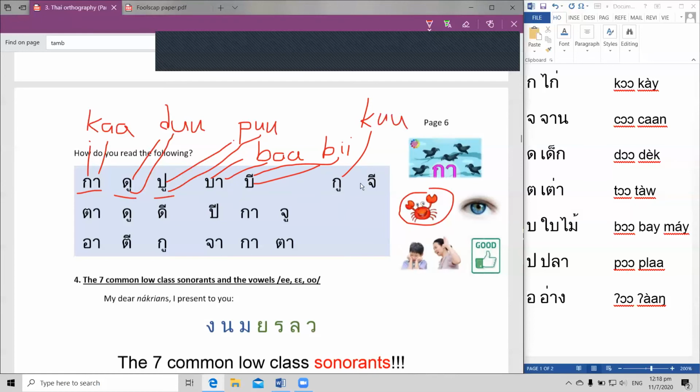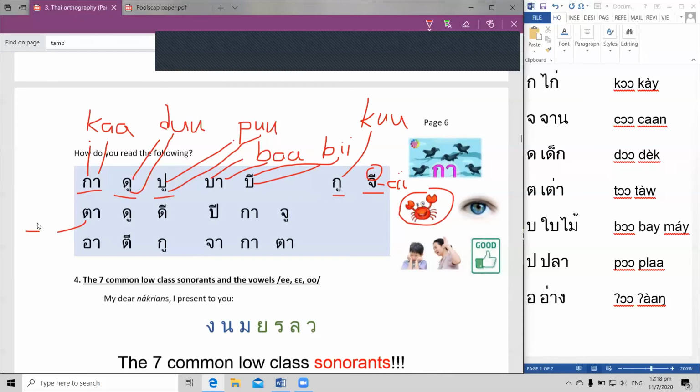It looks like a letter U, right? So this is ku. Next, this one. This is จอจาน, right? จอจาน and the vowel is above, that means that it is e. So this is ji.